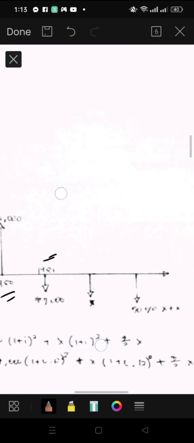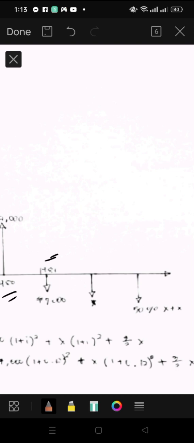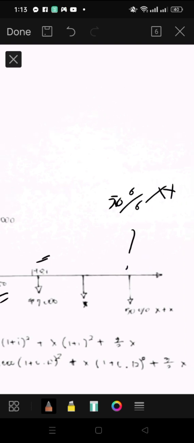The unknown or the required are in 1982 and in 1983. So the first payment is x, and since it is double, the second is 2x.